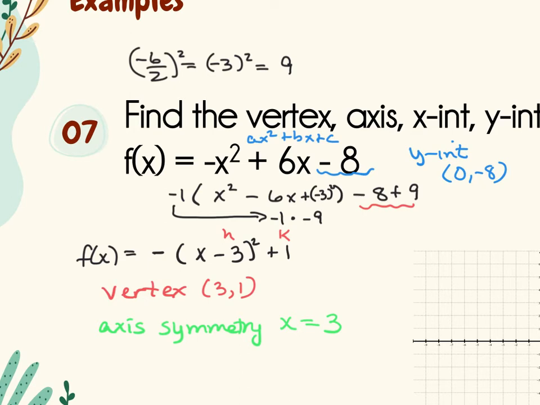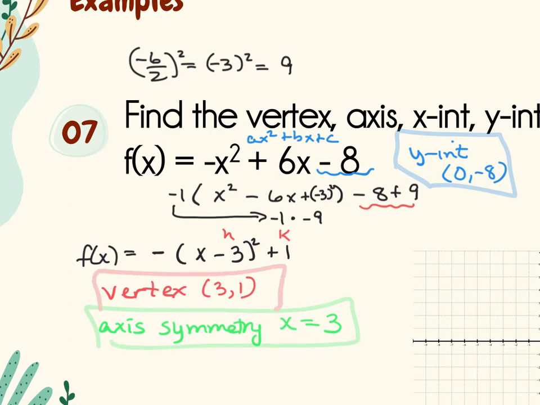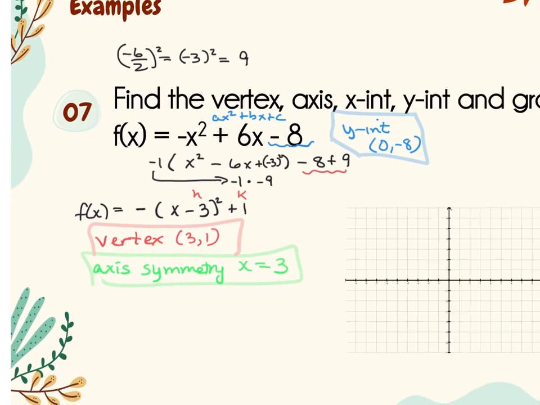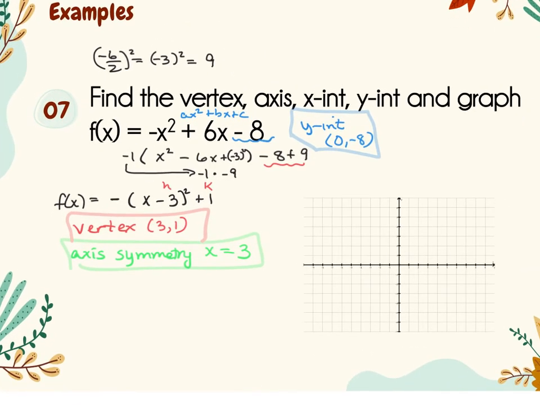Now, right now, I have enough information by using my y-intercept, my axis of symmetry, and my vertex to graph my parabola. I'm also going to go back and find my x-intercepts because that is required in the question. So let me go ahead and get the vertex on here. It's the ordered pair +3, +1, which is right here.